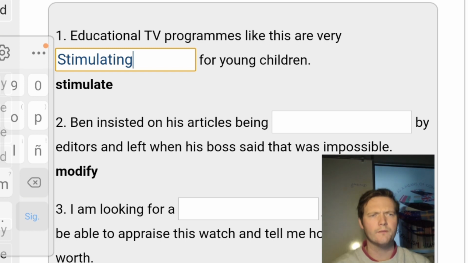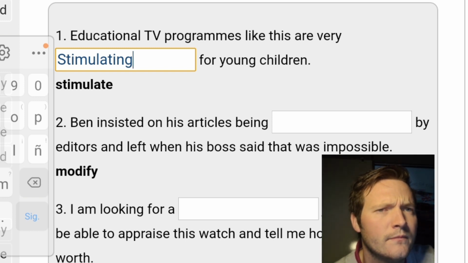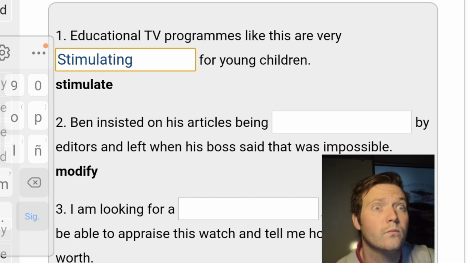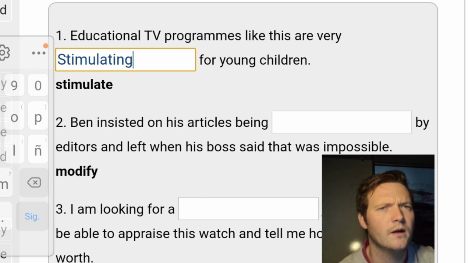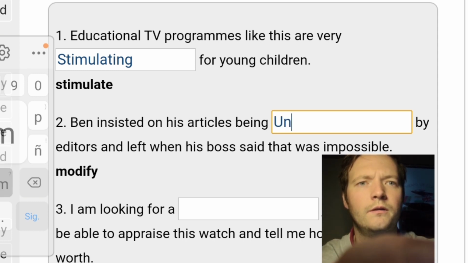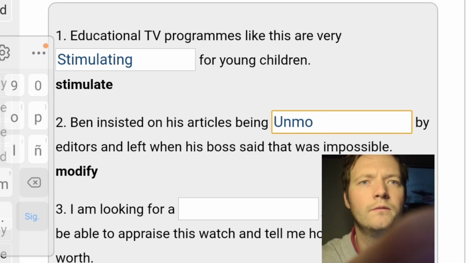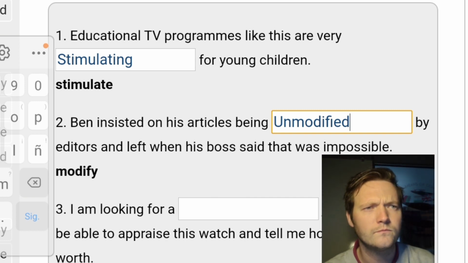So I'm guessing that Ben didn't want his articles to be modified. So what's the opposite of modified? Is it unmodified? I think unmodified. That one's a difficult one. Yeah, he didn't want them to be changed by the editors.